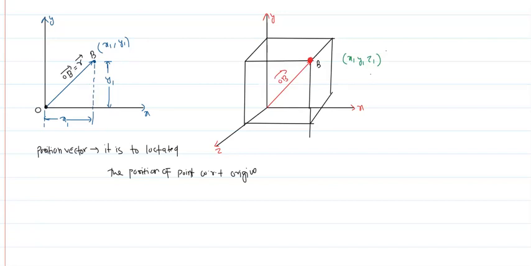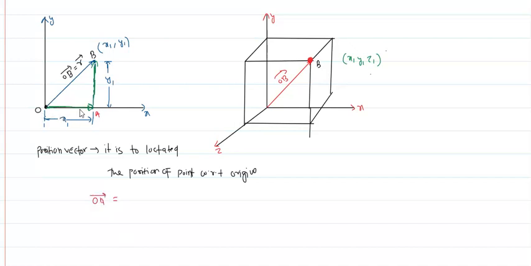You can see one very important thing. We also get a vector in this direction. This is a vector, and this is also a vector. If I say this is the point A, then we have a vector OA.